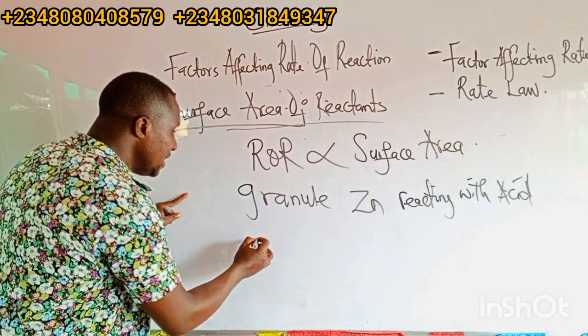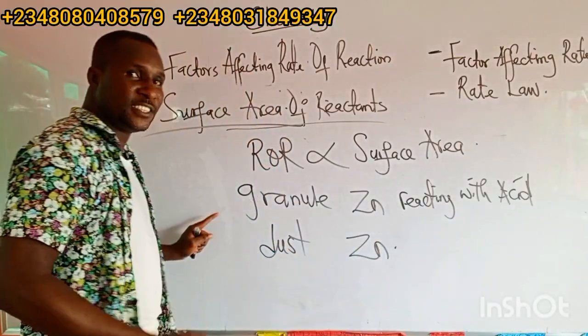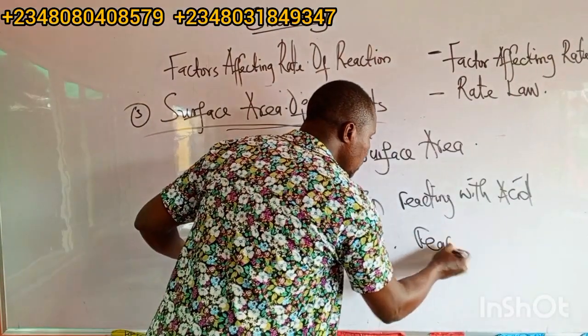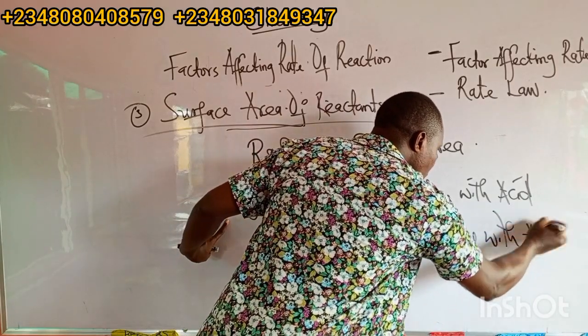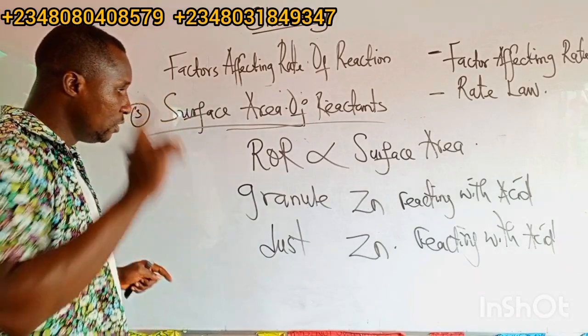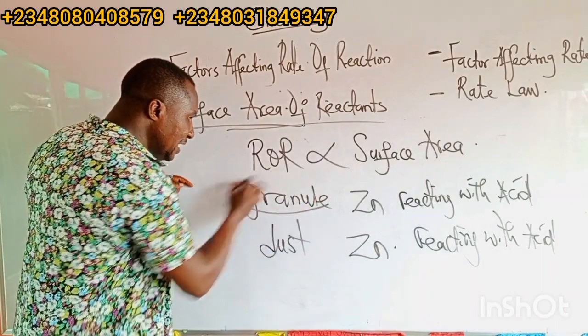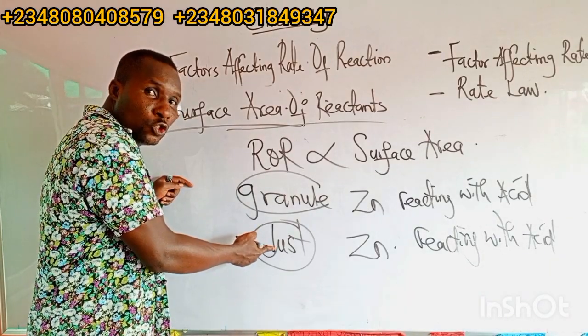But when you have a dust zinc reacting with acid, which one will react fast? We have a higher rate of reaction. Don't forget, this one is dust, and this one is granule.